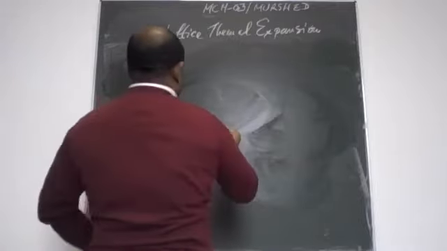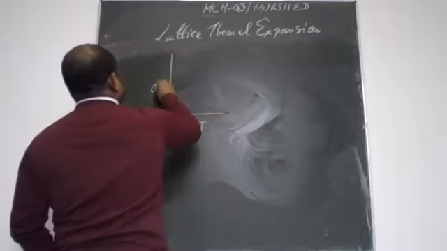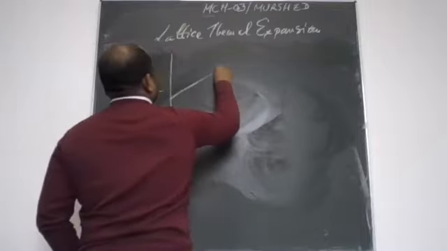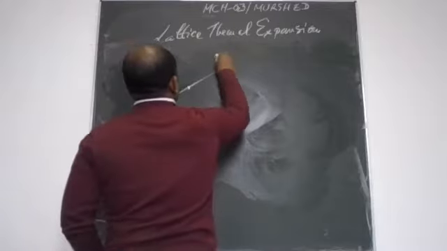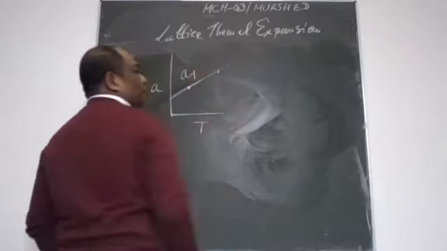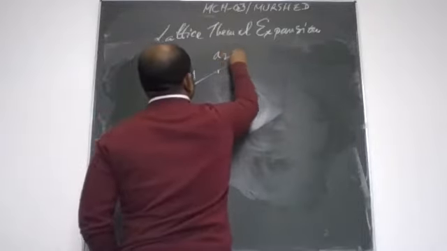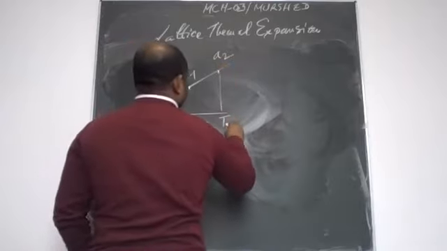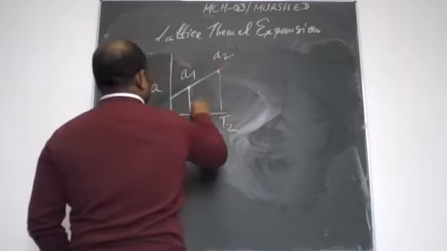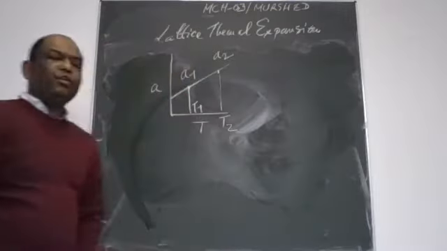So concentrate on, for instance, you have A. And here you have thermal expansion, so you have initially lattice A1, with increasing temperature it is A2, then here it is your T2, and here it is your T1.